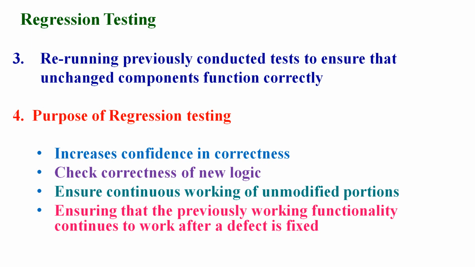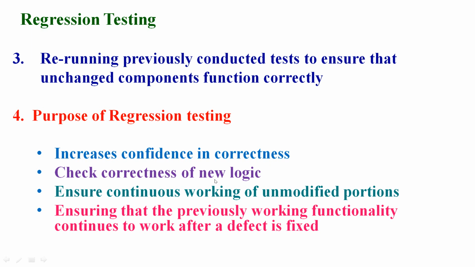New logic means the modified one. And the regression testing ensures the continuous working of unmodified portions, that means the functionalities which are not modified. And it ensures that the previously working functionalities continue to work after the defect is fixed. For these 4 reasons, we are doing regression testing.